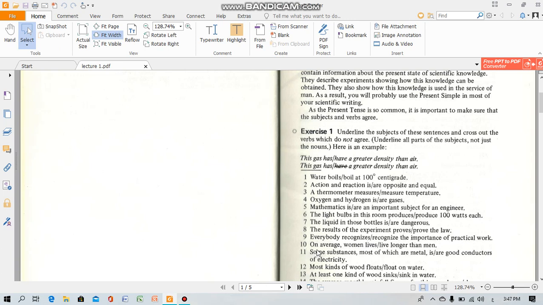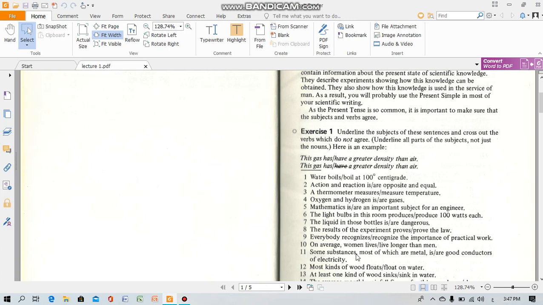Number 10. On average, women, not women's, women, not woman. On average, women live longer than men. Number 11.